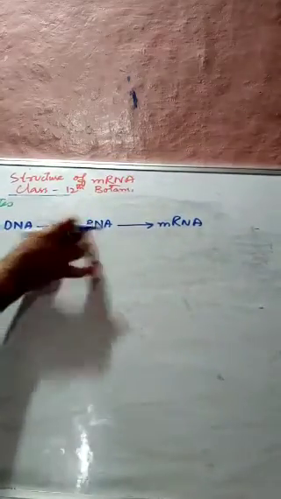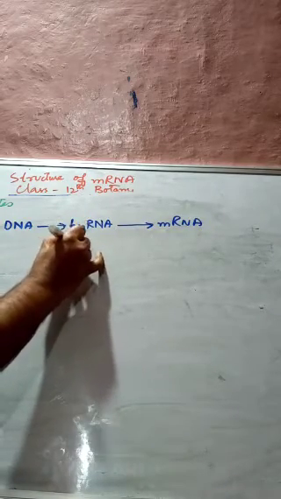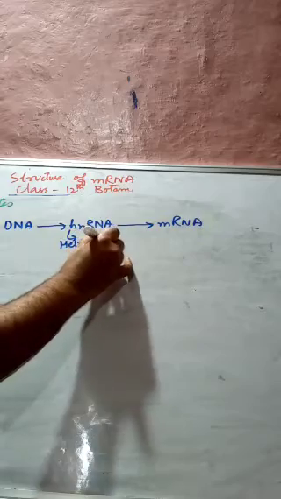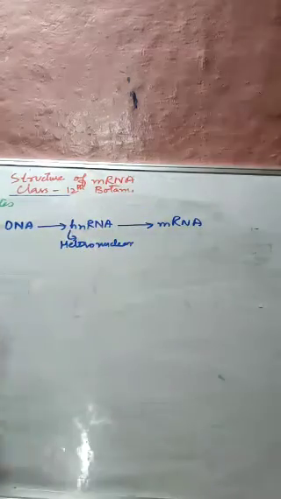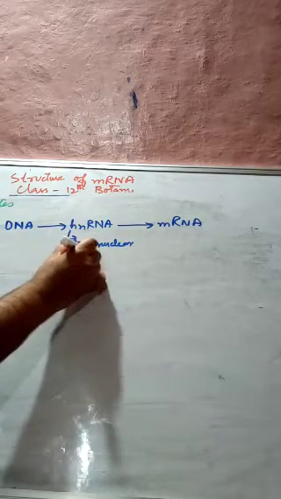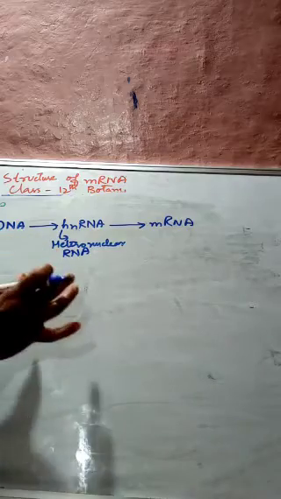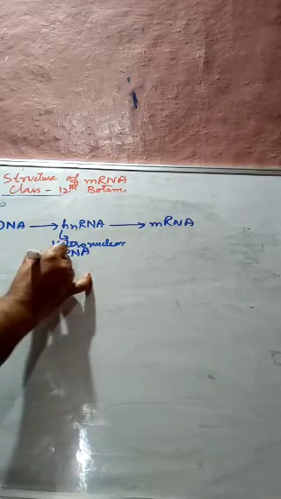Now what is this term called? This is called heteronuclear RNA. And what is it called? It is called the precursor. Precursor for what?